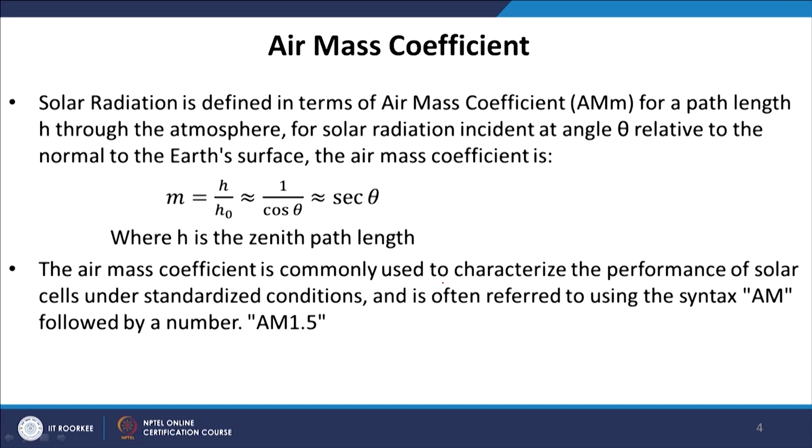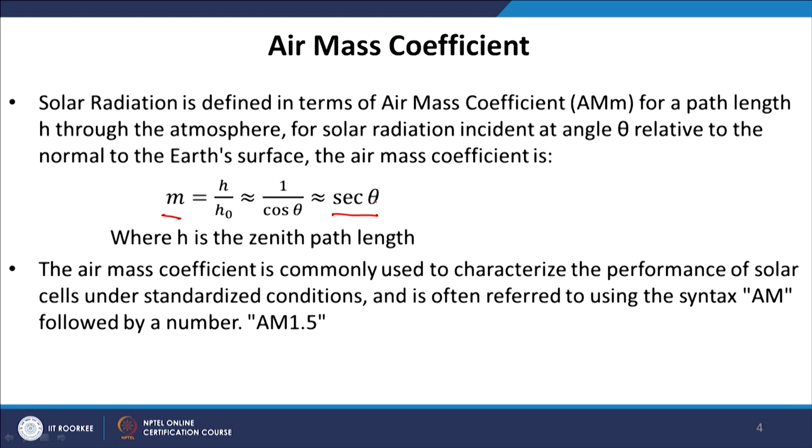For solar radiation incident at an angle theta relative to the normal of the earth's surface, the air mass coefficient is defined as m = h / h0 = 1 / cos theta. Now, 1 over cosine theta is secant theta. So, that is what we have written, m = 1 / cos theta or sec theta, where h is the zenith path length here.